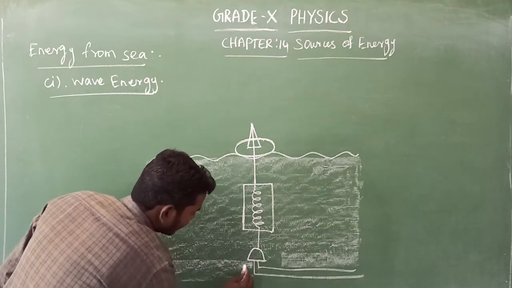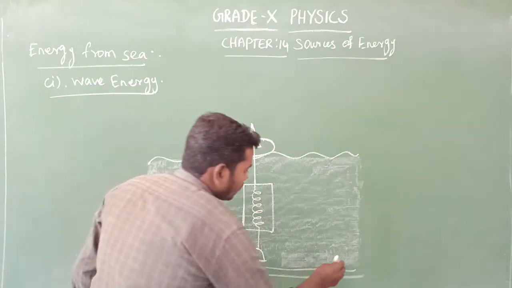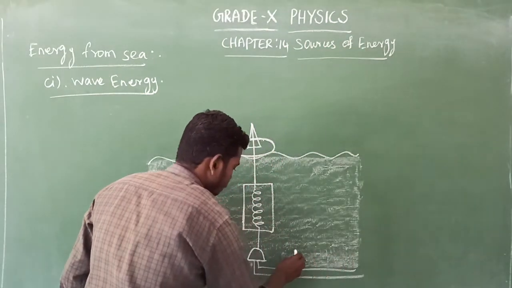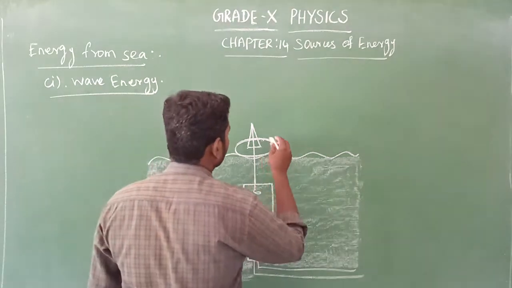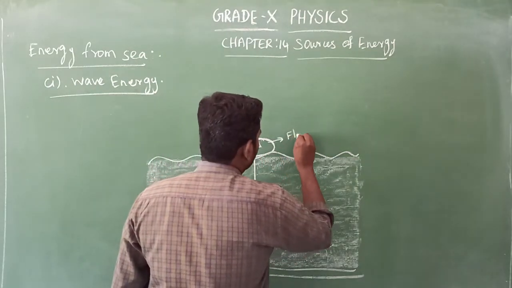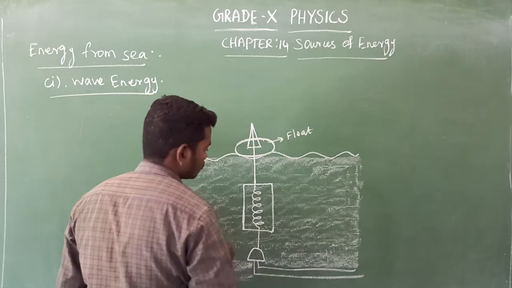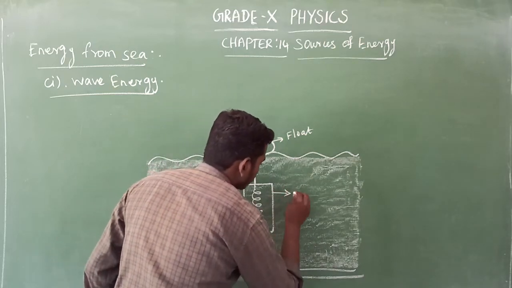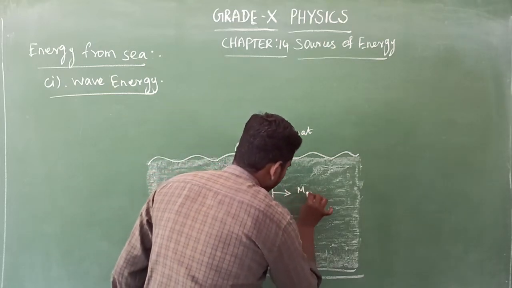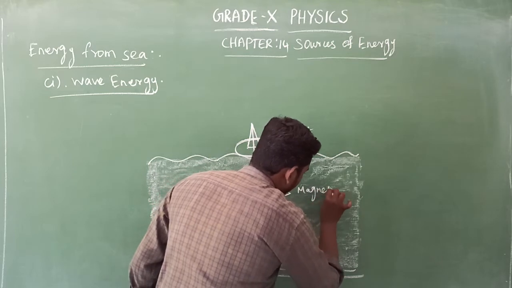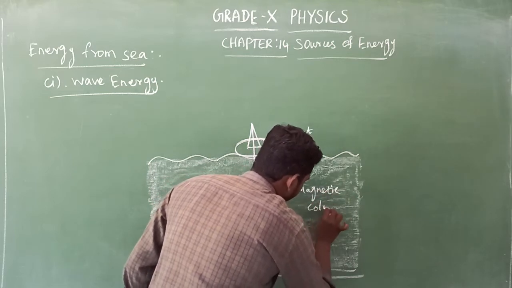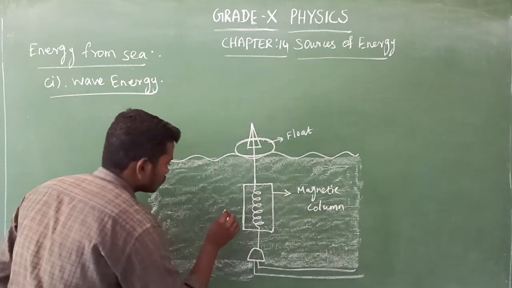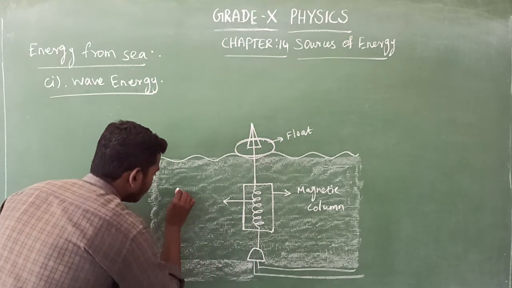This is the float, this is the magnetic column, and this one is the generator coil.